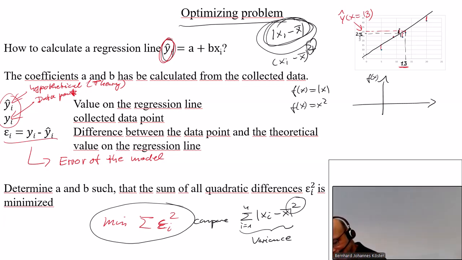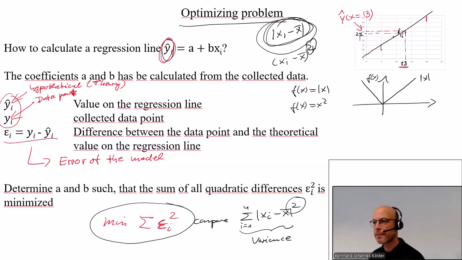So f of x, the absolute value, on the right side is just f of x. So it's the linear line with slope 1 coming from the origin. And on the left side, it is just mirrored at the vertical axis, because then it is just the function f equals minus x. So this is the absolute value.